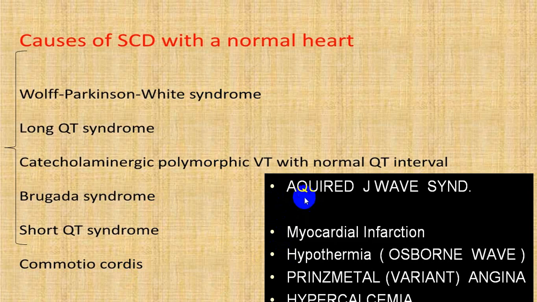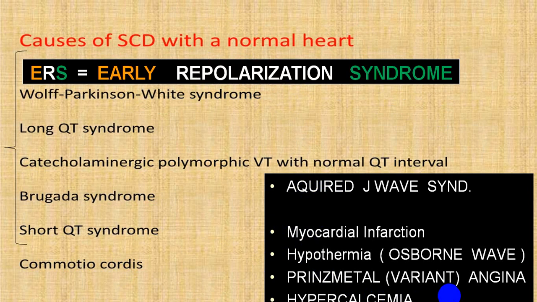Now there are J point or J wave syndromes like myocardial infarction, hypothermia, Prinzmetal angina, hypercalcemia. We are more interested in early repolarization syndrome because it is a very close differential diagnosis of STEMI.